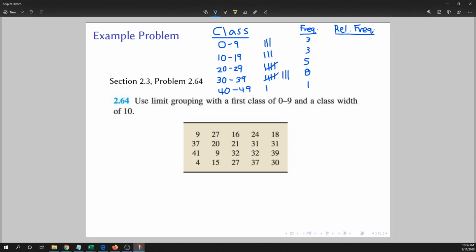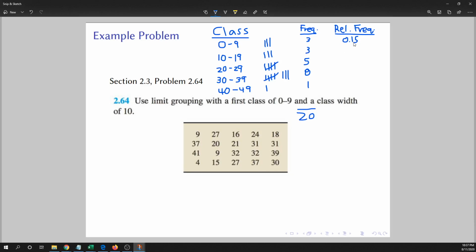Of each of those. So the first thing that we would have to do is to add all of these up. So 3 plus 3 is 6, 11, 19, 20, right? So the total is 20. And to get the relative frequencies, what we would do is just divide. So 3 divided by 20 is 0.15.